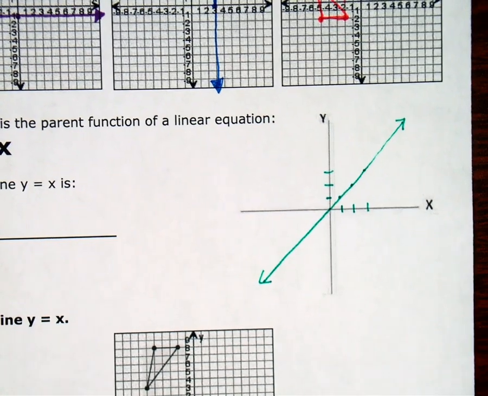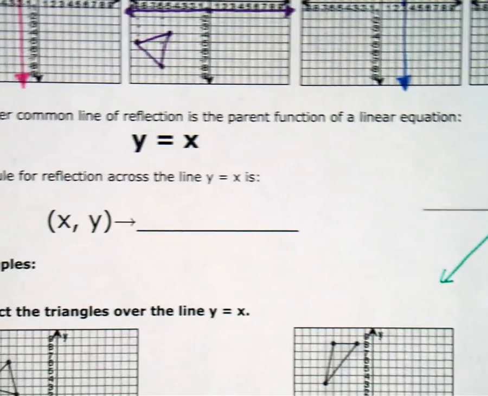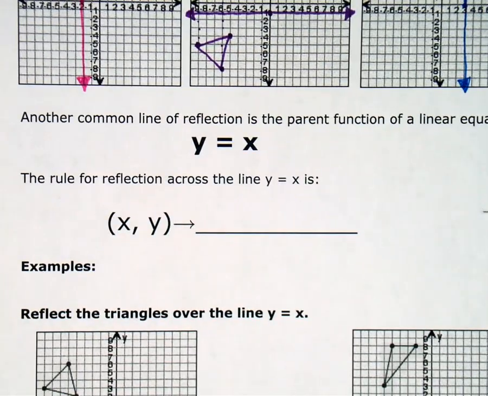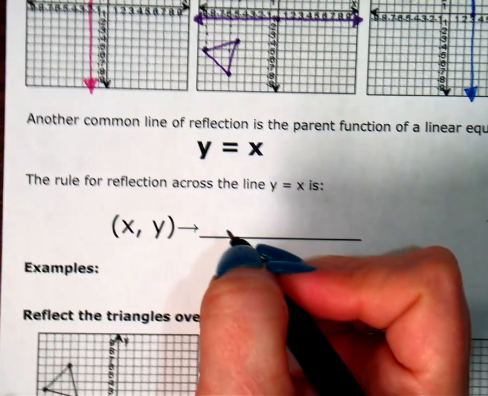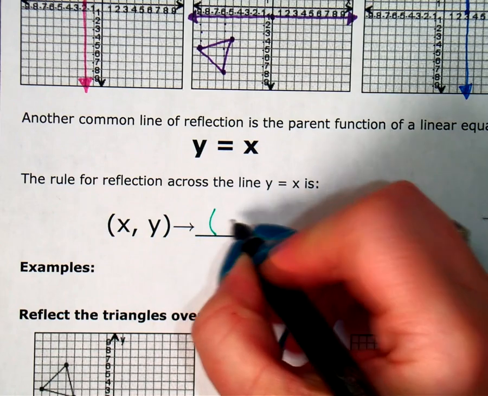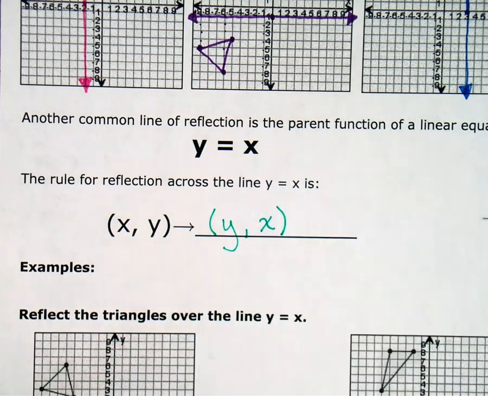So if we're looking to reflect a point off of that, here is my rule. The rule for the reflection across the line y equals x is that your (x, y) value is going to switch to (y, x). That means you're going to take your coordinates and switch them.